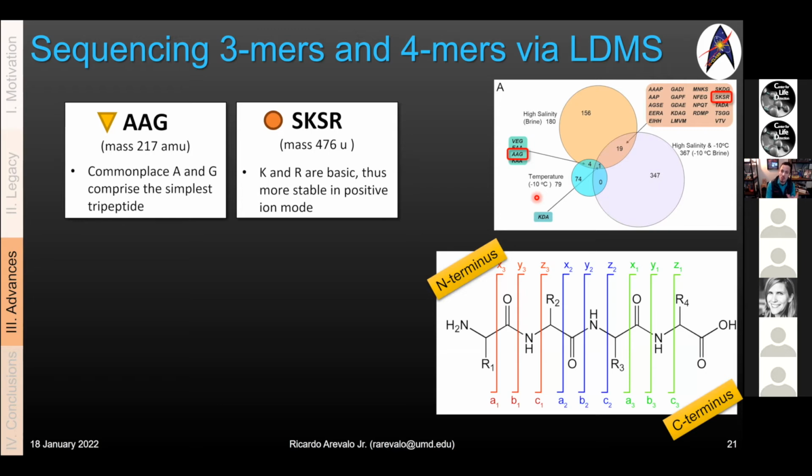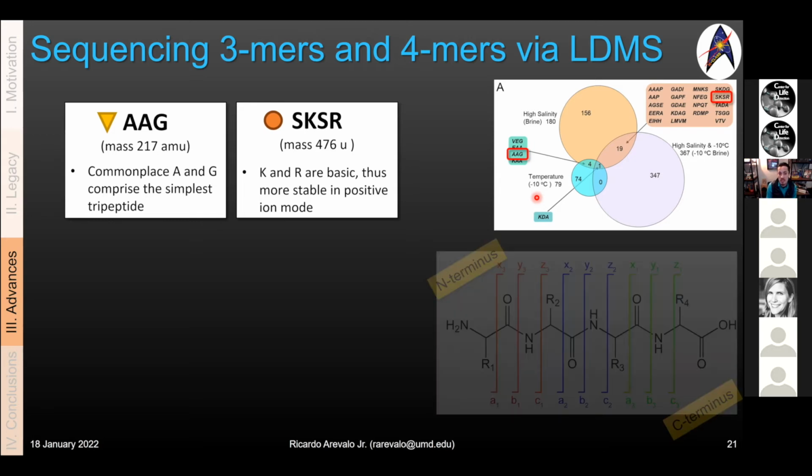So we want to see the molecular ion, but it's really being able to sequence it that's fundamental for this biomarker. And so I had to learn about how to do de novo peptide sequencing. What are the fragments that come off? Which bonds have to break? And which fragments do you need? Like, what's the minimum set of fragments that you need to observe in order to reconstruct, in order to sequence that peptide?